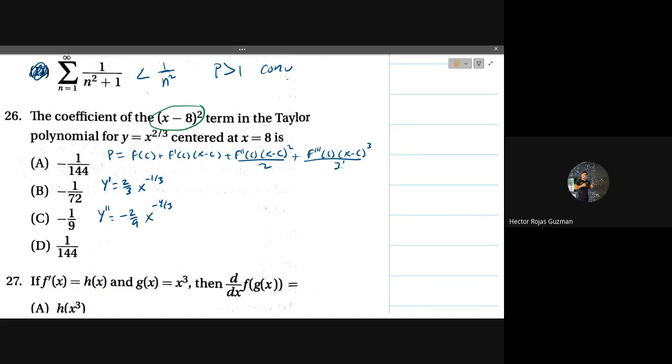And x minus 8 squared is going to be located here, which means I need to calculate this part. So my second derivative centered at 8 is going to be the cube root of 8 to the power of 4, which gives me the cube root of 8 is 2.